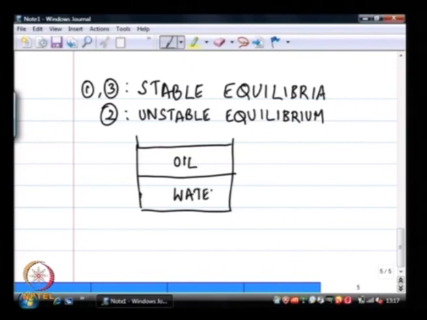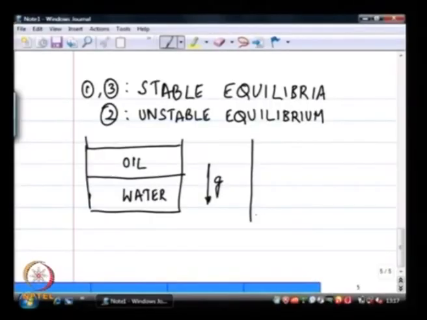Okay. So, just I have a beaker of oil sitting above water in a gravitational field, just like that. What do we learn from this? Oil is lighter than water. So, this is an equilibrium condition.